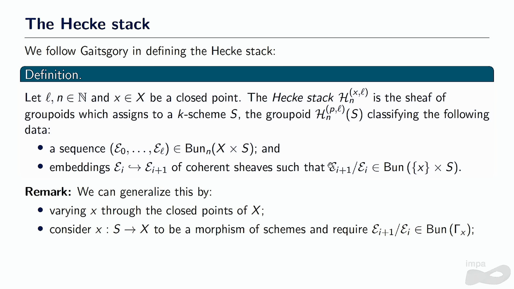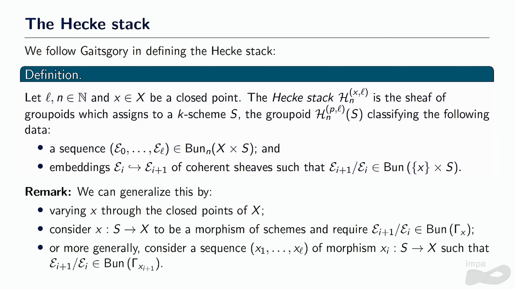And in another more general definition, instead of taking one single map, take L maps from S to X and ask for each quotient here to be a vector bundle on the graph of the corresponding morphism. Okay, so this is the definition of the Hecke stack.